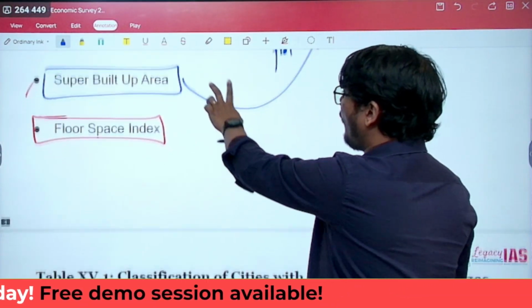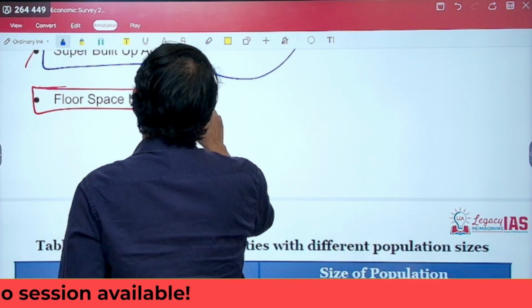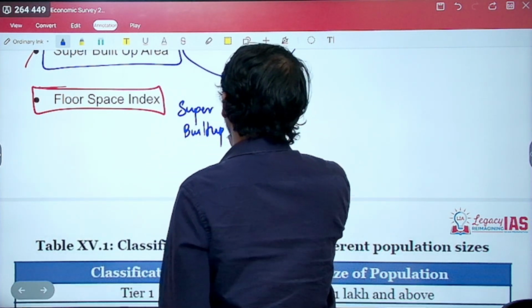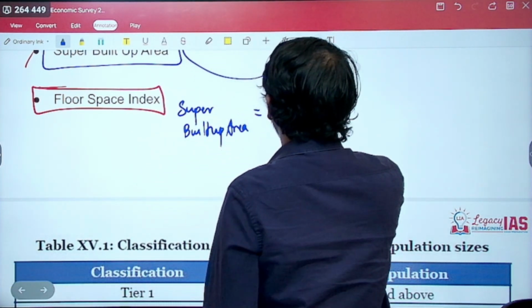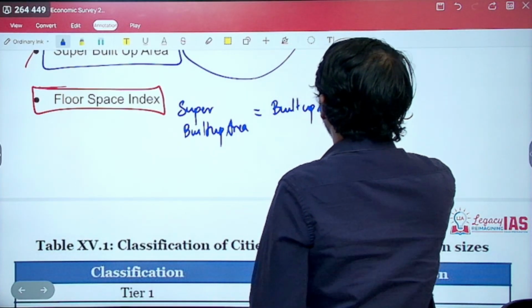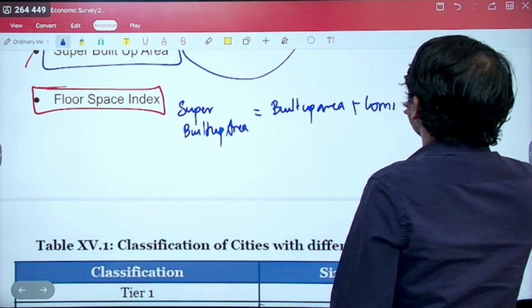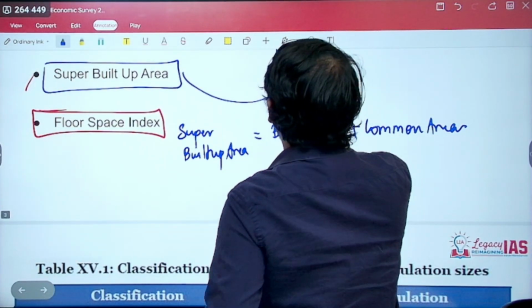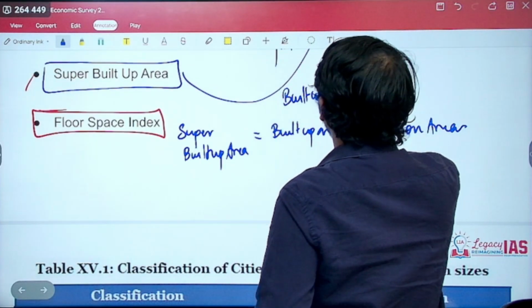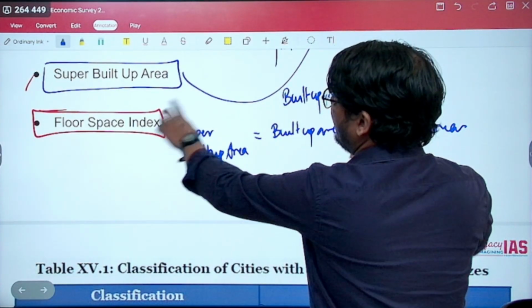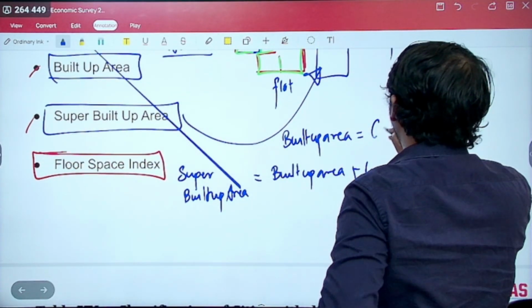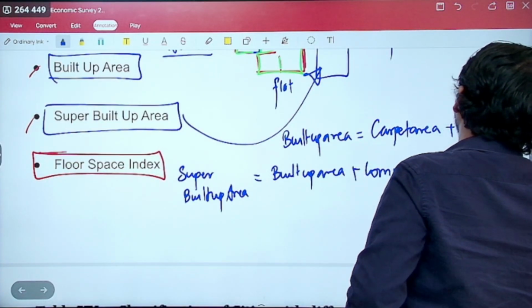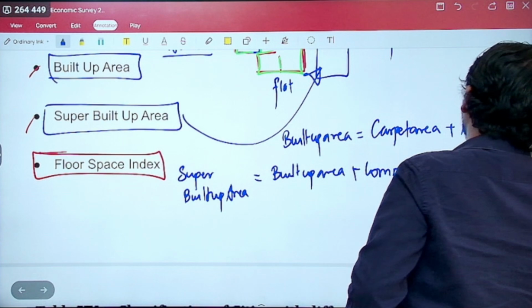So let us form an equation. So you have super built up area equals built up area plus the common area, right? At the same time, you have seen that the built up area equals the carpet area plus the area of walls, right?